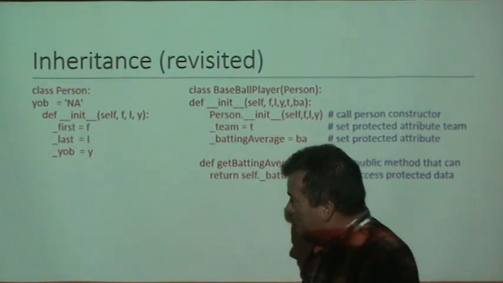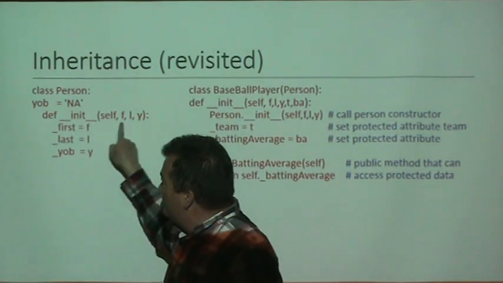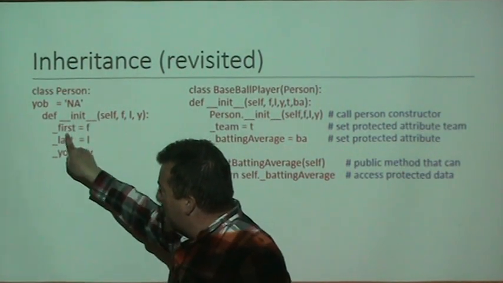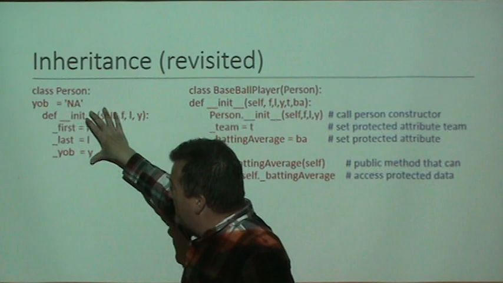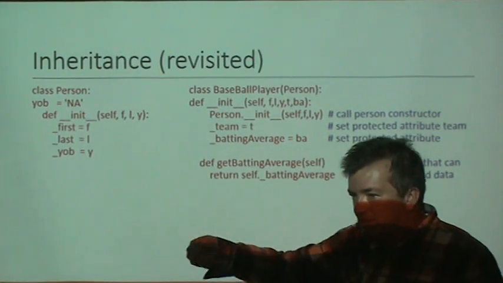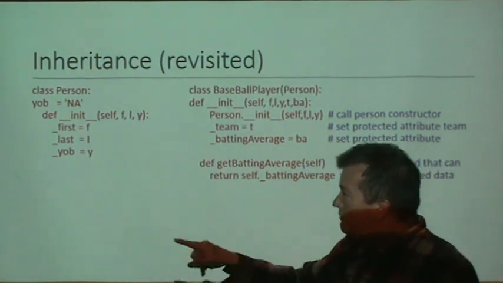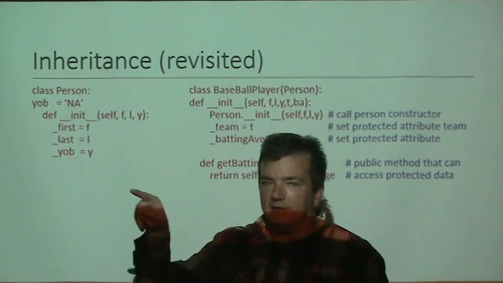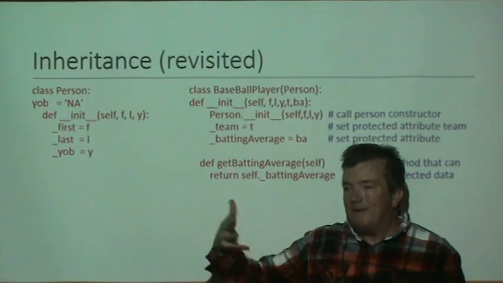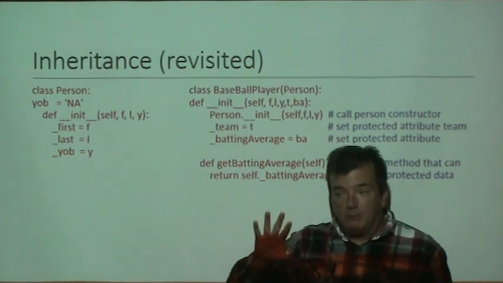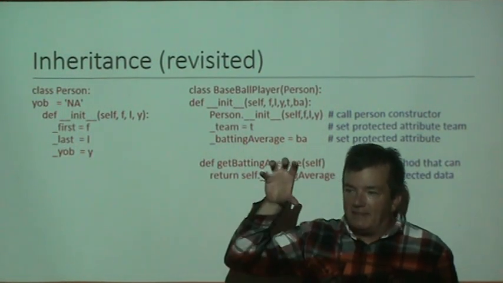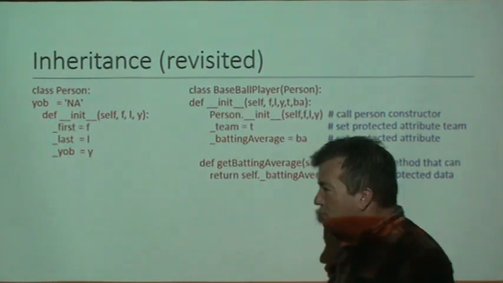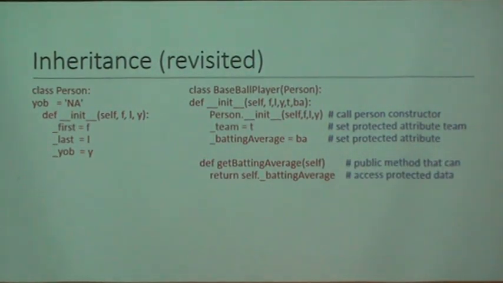So what that means is, this method can write to those fields, because this method is inside the class. But if someone from the outside tried to change their first name, they're going to get an error saying, sorry, that field is protected, you can't change it. You must call a public method that is inside the class, and that has permission to change it, but you don't have permission to change it directly.